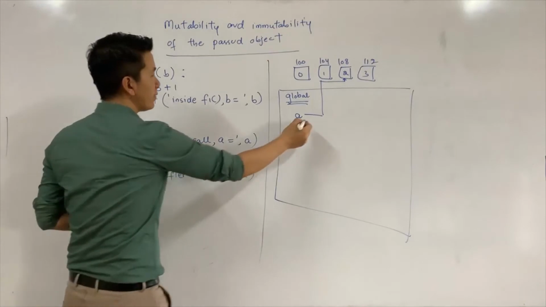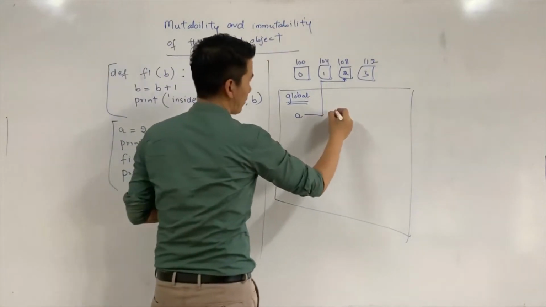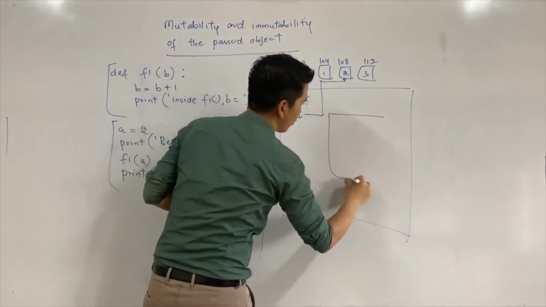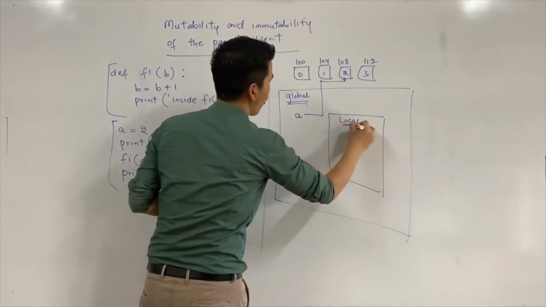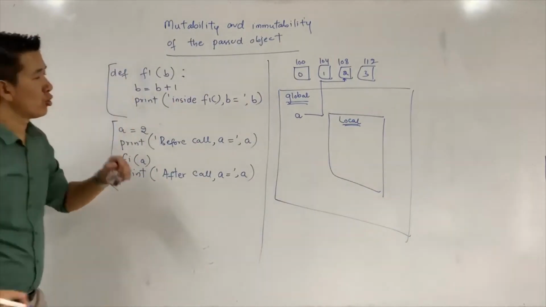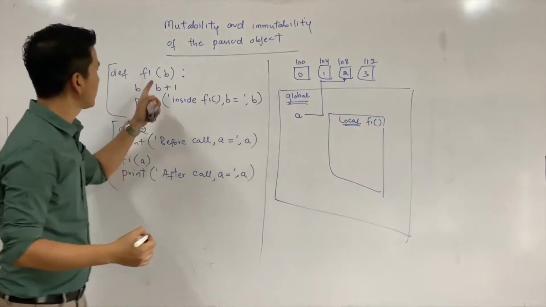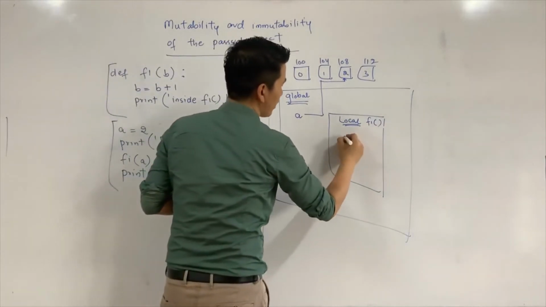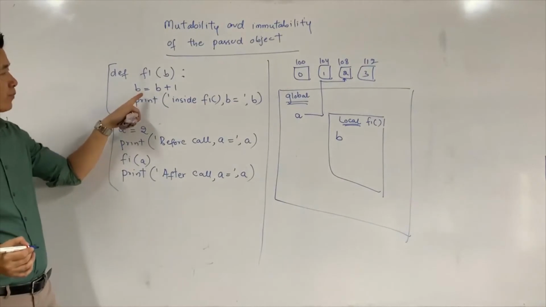Okay, and then once you have the function call, a local environment will be created. This is the local environment for the function definition of f1. In this, a b variable will be created, right?